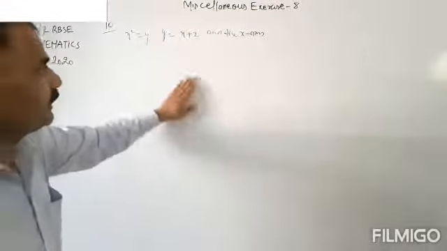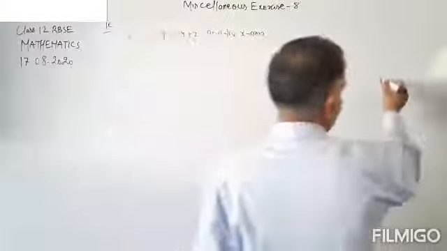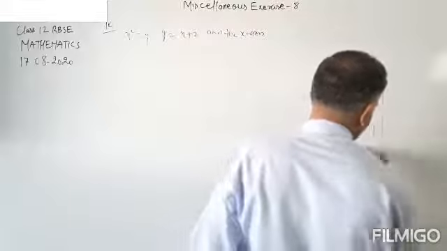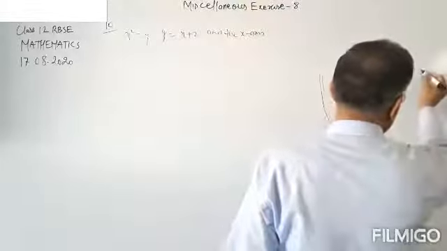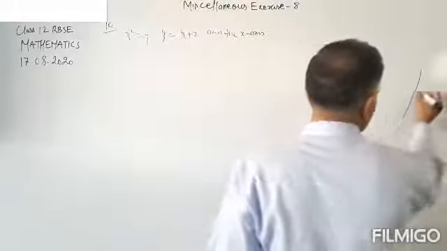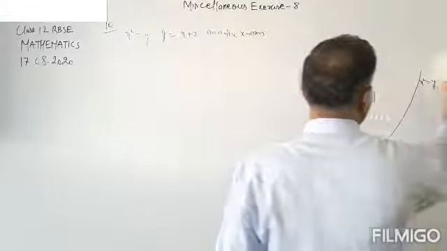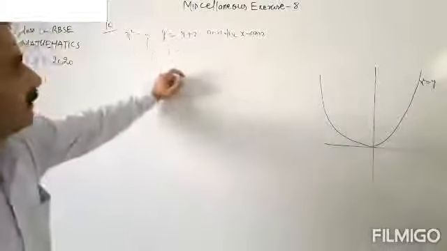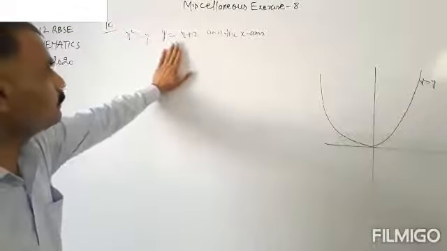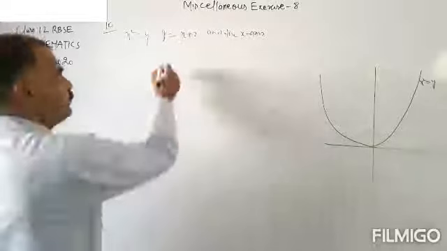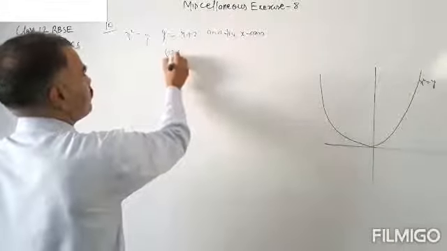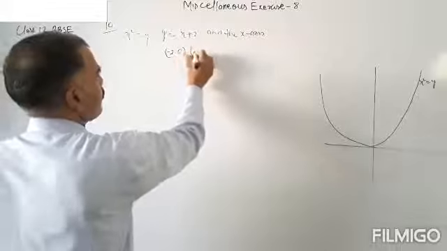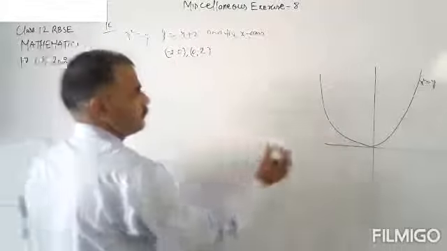Let us take a rough diagram. x square equals y is the parabola having the vertex at 0, 0. And y equals x plus 2 means, when y equals 0, x equals minus 2, and when x equals 0, y equals 2.